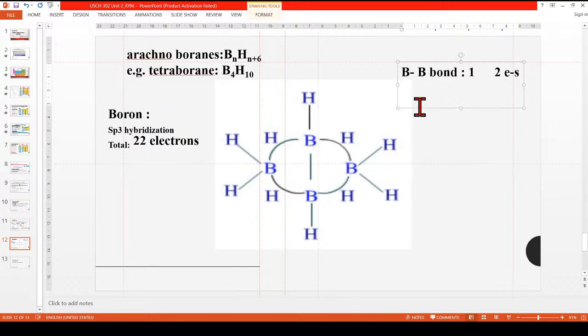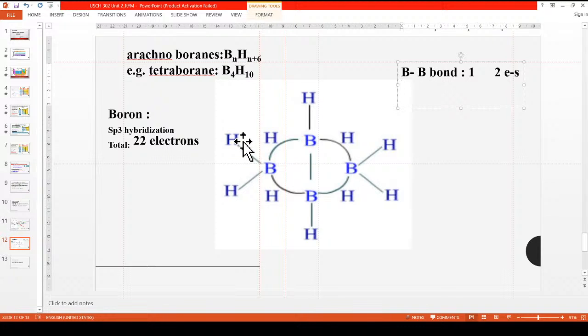Then if you see terminal bonds, boron bonded with hydrogen, this is 1, 2, 3, 4, 5 and 6.